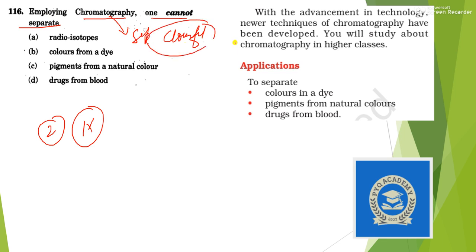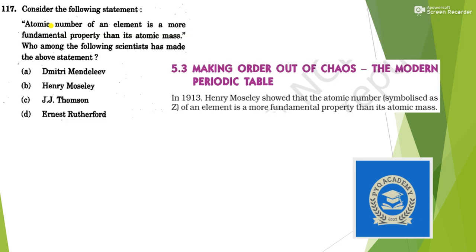Okay, here you can see the applications of chromatography are to separate colors in a dye, pigment from natural colors, and drug from blood. So it can separate colors from a dye, pigment from a natural color, and drugs from blood, but cannot separate radioisotope. So answer is option A. Okay, directly given from NCERT.